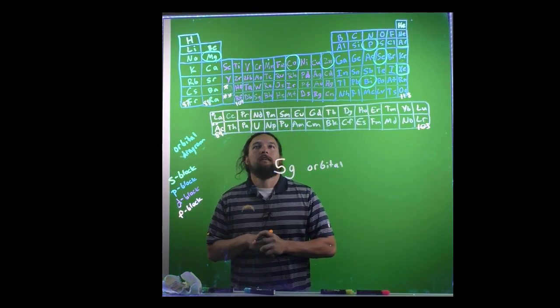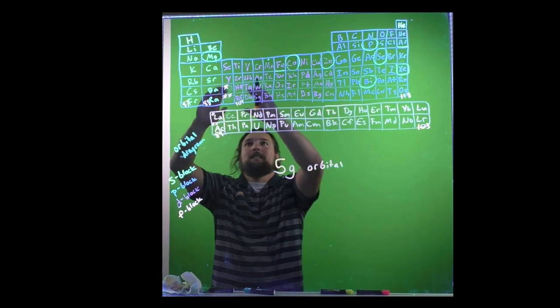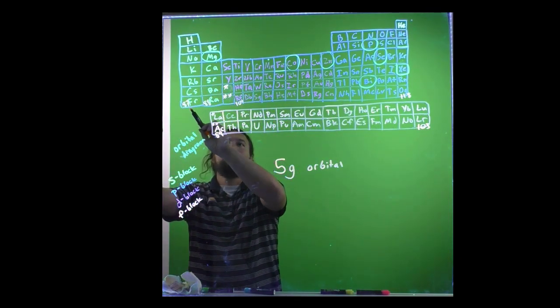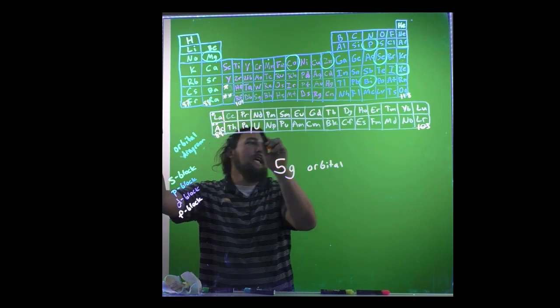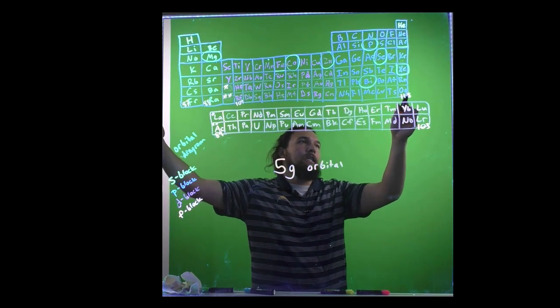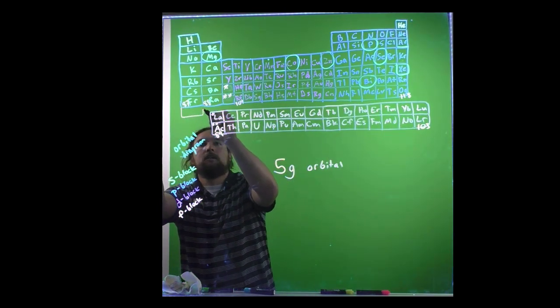Notice how this f orbital is sandwiched in between this here. So if we look at the numbering, it goes 87, 88, 89, 90, up to 103, 104, all the way up to 118. That would mean that element number 119 would be right here.